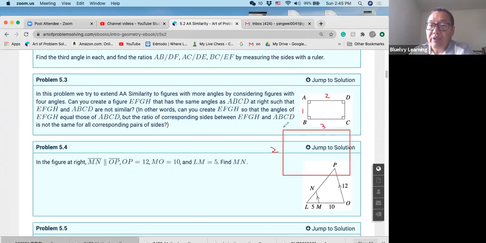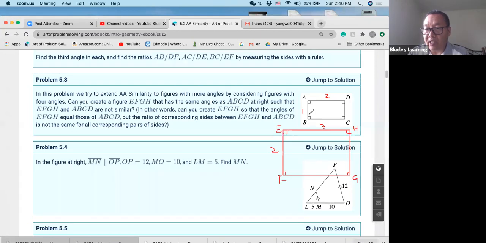Suppose this one is called E, F, G, H. See, this one is a rectangle. So that means each angle in this rectangle equals 90 degrees.